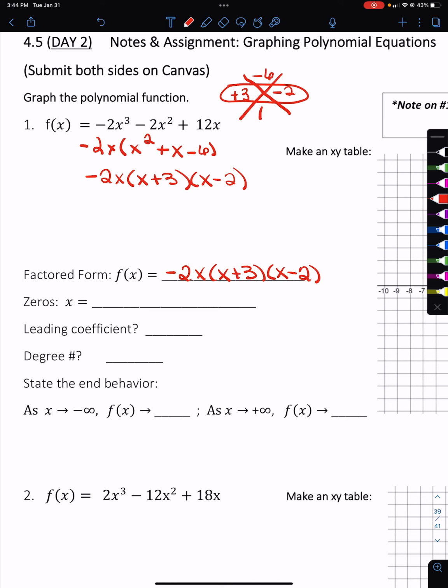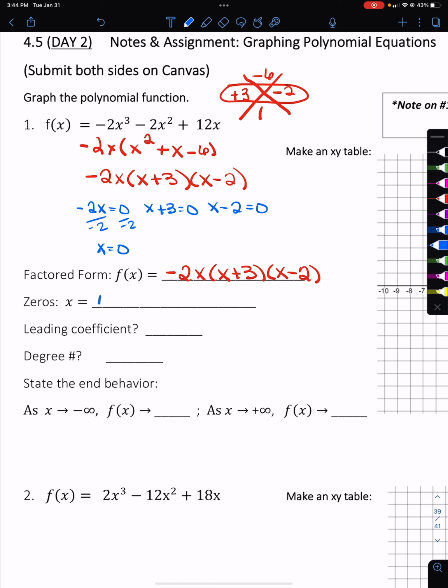For the zeros, when they're asking us to find the zeros, we're taking each of these factors and setting them equal to 0. So negative 2x equals 0, x plus 3 equals 0, and x minus 2 equals 0. Divide by negative 2 on both sides, and I get x equals 0.